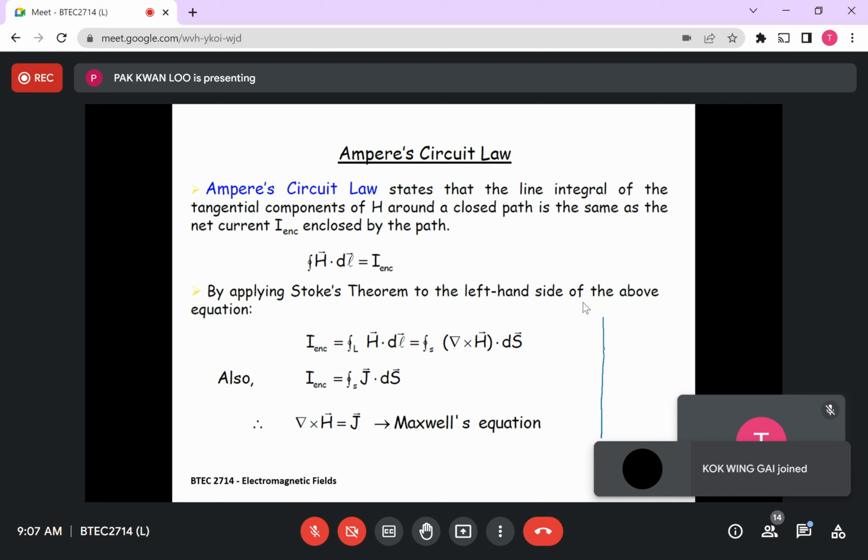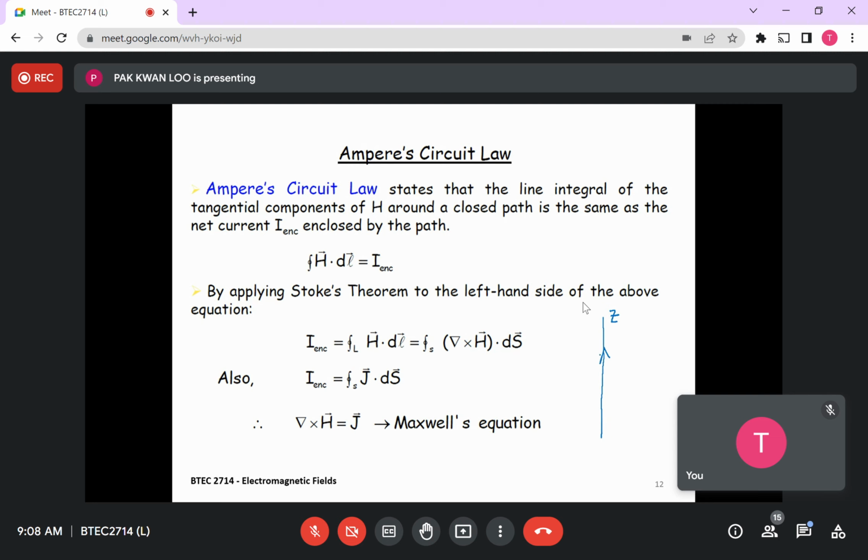The pen represents the current direction. So now in three dimensions, assuming that my current is pointing in the z direction.